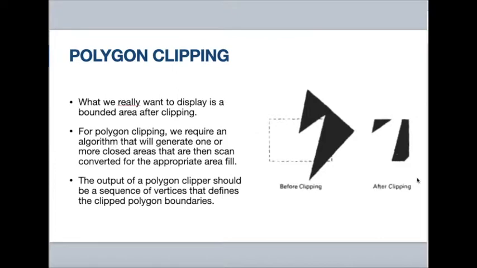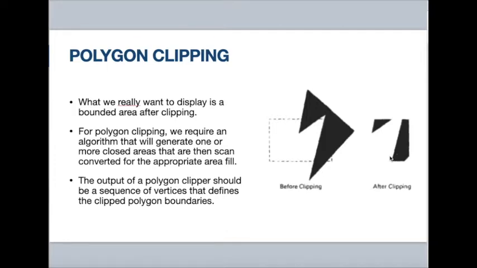That is, for polygon clipping, we require an algorithm that will generate one or more closed areas that are then scan converted for the appropriate area fill. So the figure should be something like this. The output of a polygon clipper should be a sequence of vertices that define the clipped polygon boundaries.